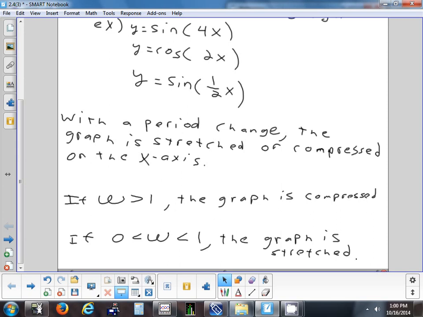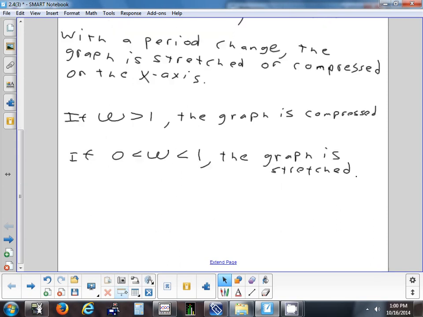All right, so since we're stretching and compressing it, we're changing the period. That's why the name of the section is period change. Normally, how many degrees does it take for the function to go from the beginning to the end?